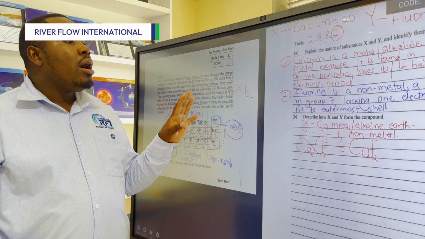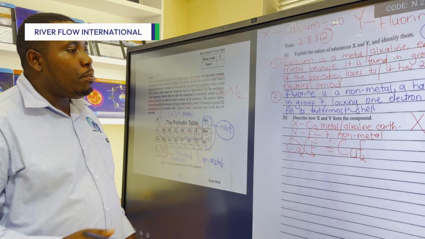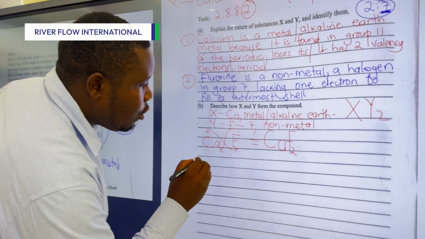So describe how X and Y will form a compound. Number 1, how are they going to form compounds?